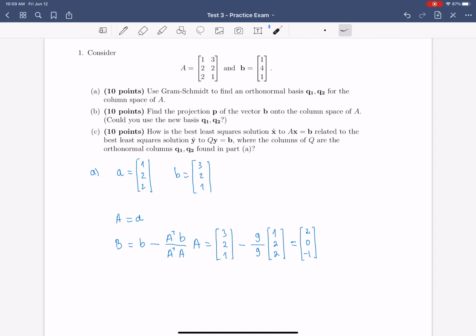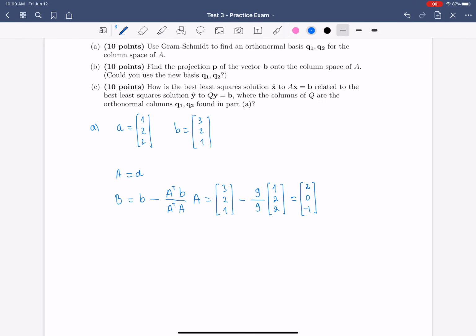Now, to find Q1 and Q2, all I need to do is divide by the lengths. So the algorithm says Q1 equals A over the norm of A, or 1 over the norm of A times A, doesn't matter. What is the norm of A? Well, we actually even have it here, A transpose A, that's the square of the norm.